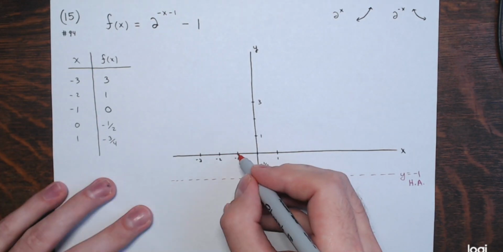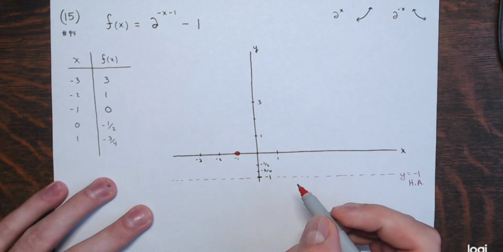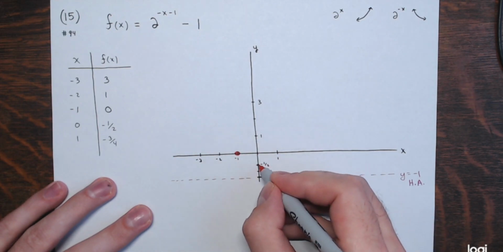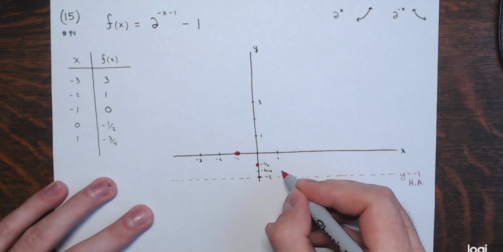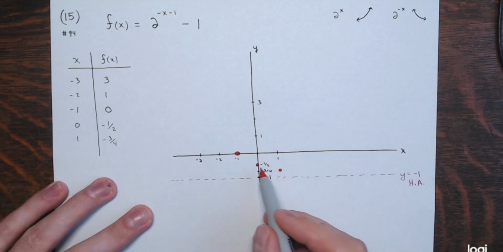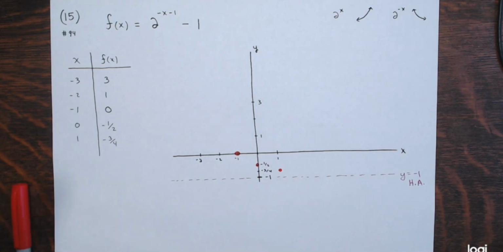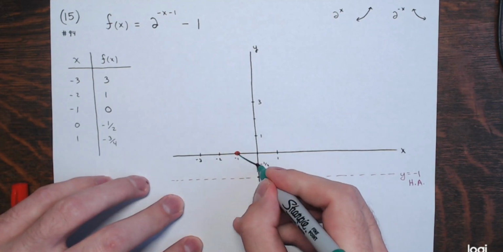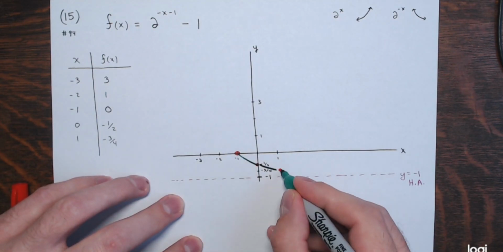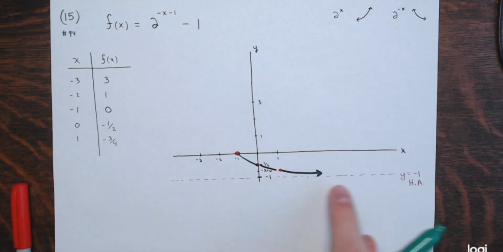Negative 1, 0, so there's an x-intercept here. 0, negative 1/2. 1, negative 3/4. You see as I move to the right, the value of the function is decreasing toward the line y equals negative 1, but it won't actually touch it. You're never going to hit the line y equals negative 1.